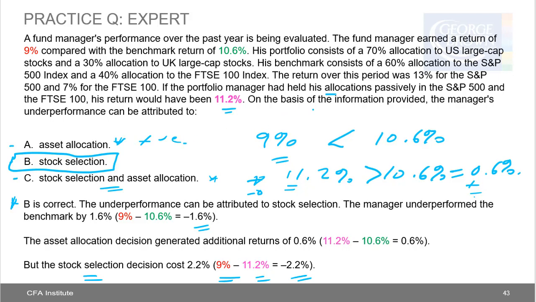So you can see here there was underperformance. On the basis of the information provided, the manager's underperformance, well, no, it's not asset allocation. That was positive. So A and C have to be wrong, and B has to be the right one. C can't be right because it can't be both. No, asset allocation was positive. Okay. Anyhow, that's the last slide for this topic in this chapter.